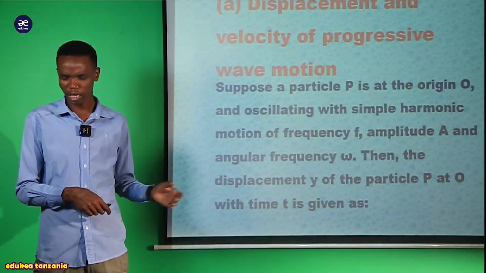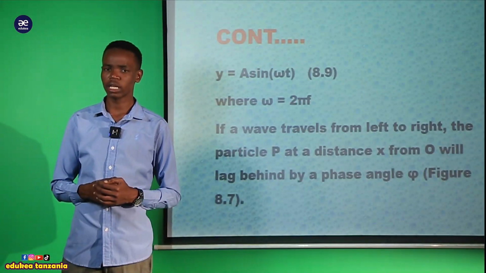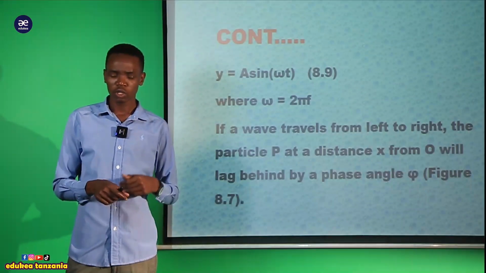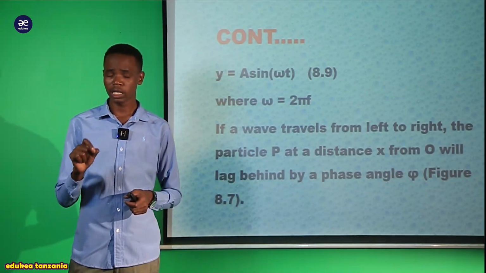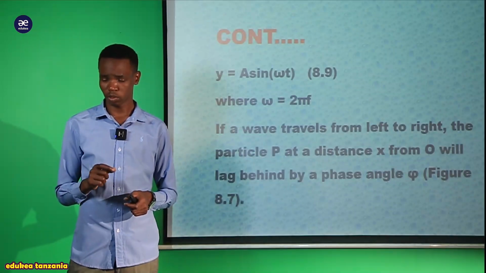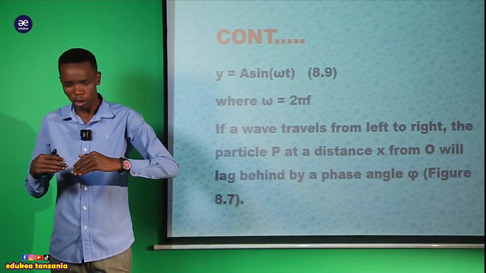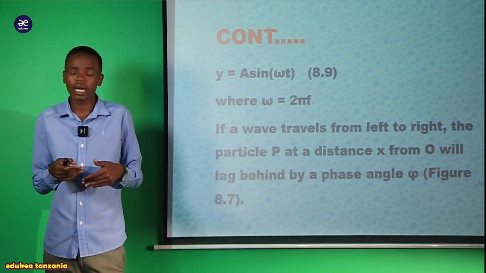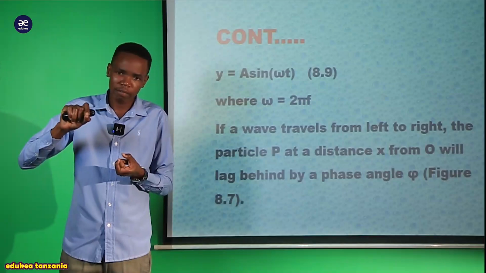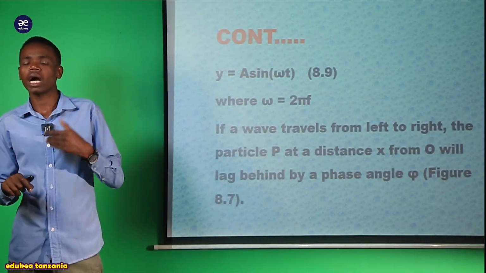We are going to observe the expression: we have a particle P at the origin, indicated by the letter O, as we have been told. So we can demonstrate its displacement and velocity with respect to the frequency, the amplitude and the angular velocity.